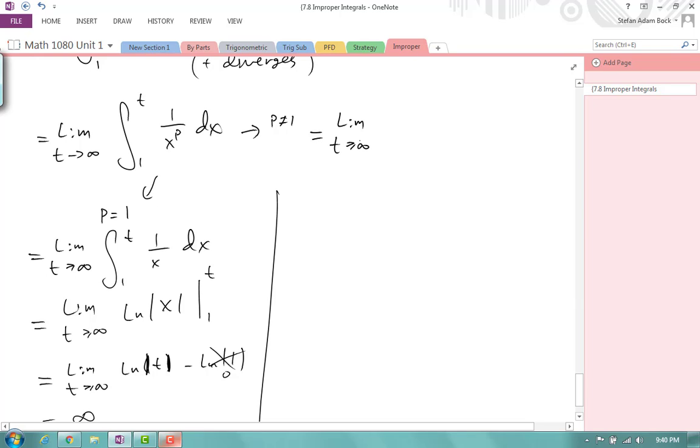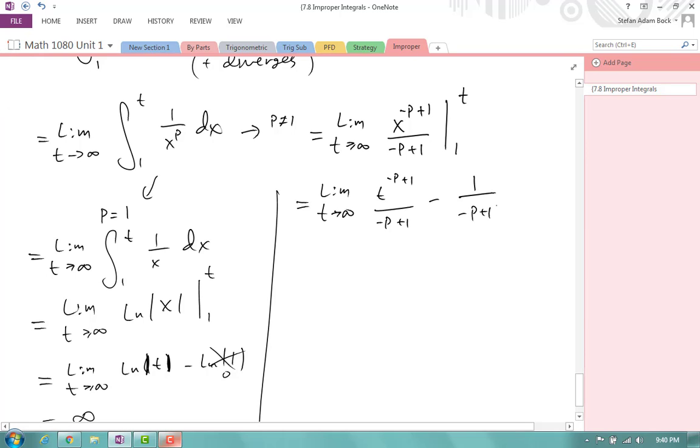That's x to the minus p power, so this is x to the minus p plus 1 divided by minus p plus 1, evaluated from 1 to t. So I have t to the minus p plus 1 all over minus p plus 1, minus 1 to the minus p plus 1, over minus p plus 1.